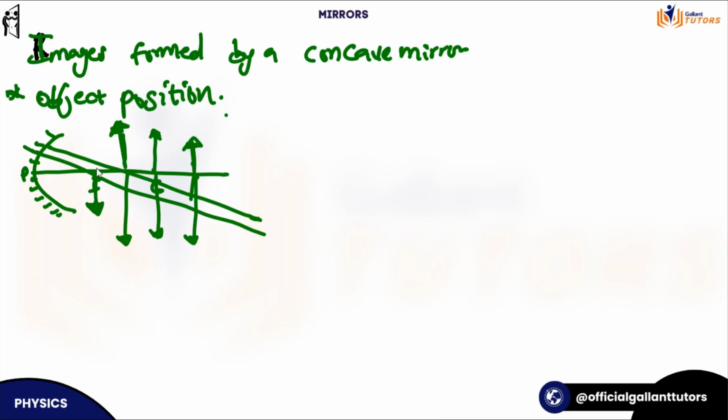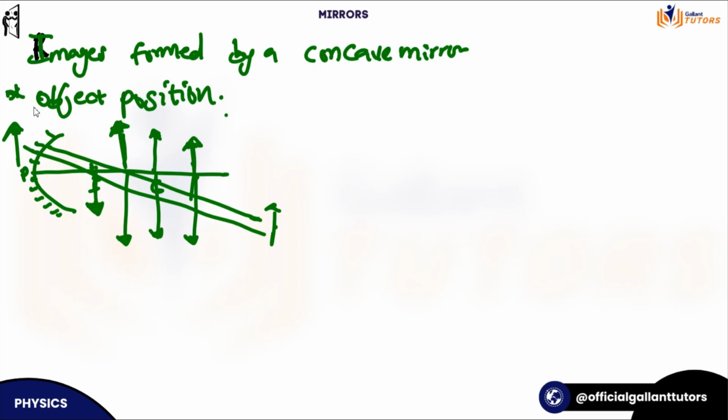When it's at F, the image is at infinity, very large. Now, when I get closer, that is between the pole and the principal focus, I get an erect image that is magnified.